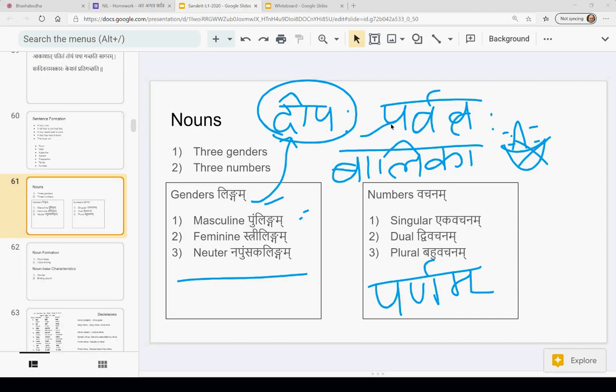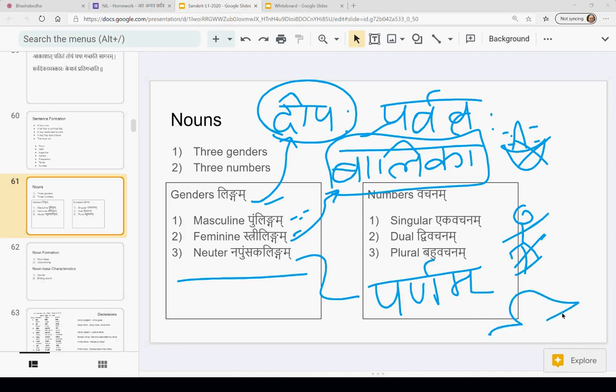Similarly, the lingam of the parvataha word is pullingam. The lingam of the balika word is strilingam, not that actual balika. It could be different. In this case, she also actually has feminine gender, that's okay. But strilingam means it is for the word. And similarly, napunsakalingam, paranam. Paranam means this leaf. This has nothing to do with the actual gender of the leaf. It is the lingam of the word paranam, napunsakalingam.